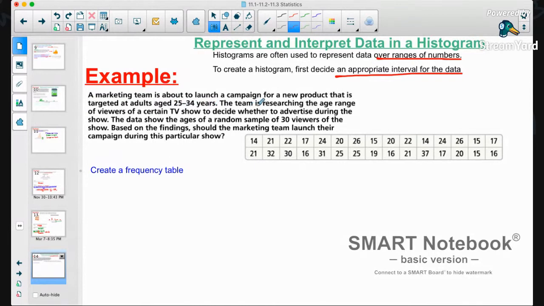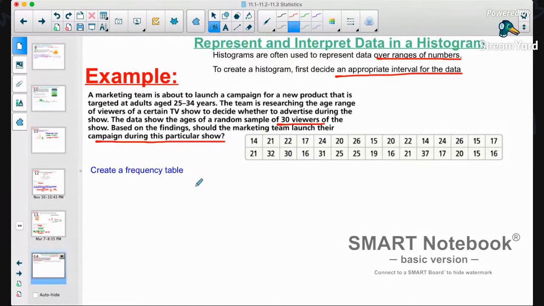The team is researching the age range of viewers of a certain TV show to decide whether to advertise during the show. The data show the ages of a random sample of 30 viewers of the show. Based on the findings, should the marketing team launch their campaign during this particular show?